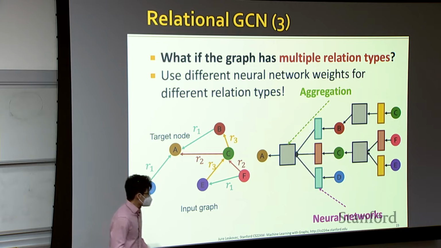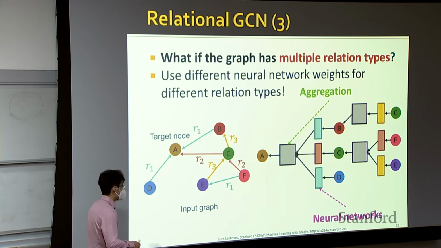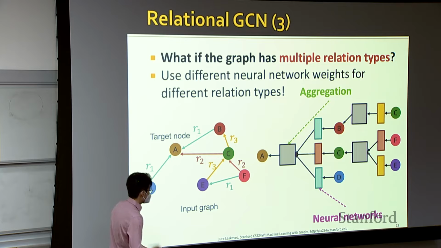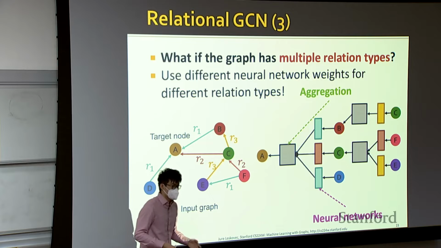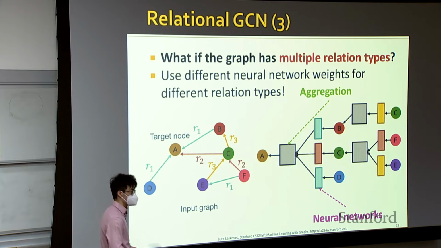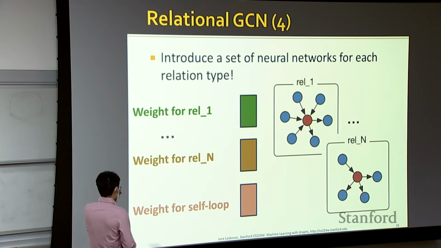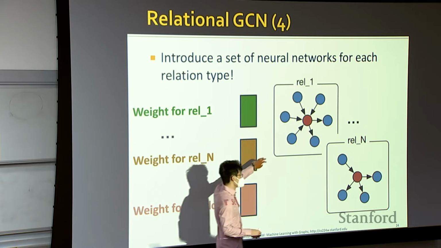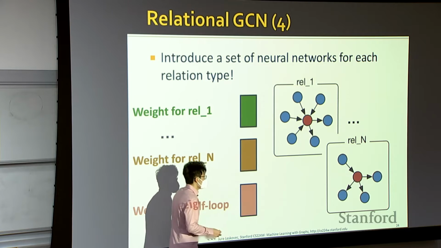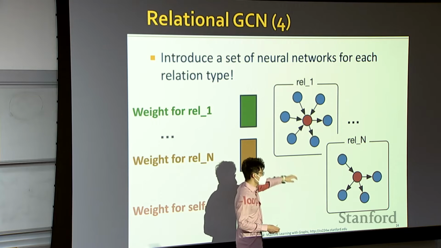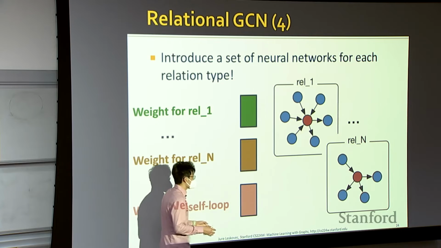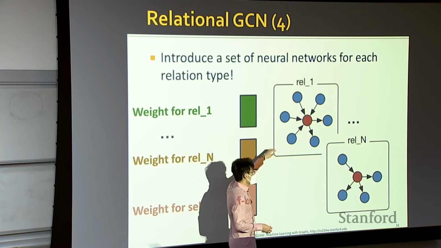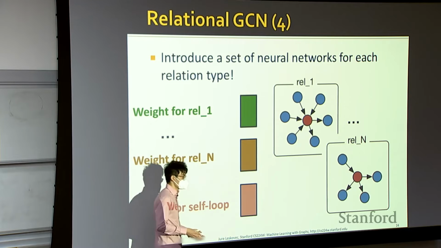Okay. So this is essentially the key idea of all the remaining discussion in this lecture. We just use different weights or different instantiations of neural networks to capture different relation types. And we can think of the same process in a slightly different way. Instead of considering a heterogeneous graph as one graph, we can consider it as n different graphs, where one particular graph talks about the connectivity with respect to one relation type.